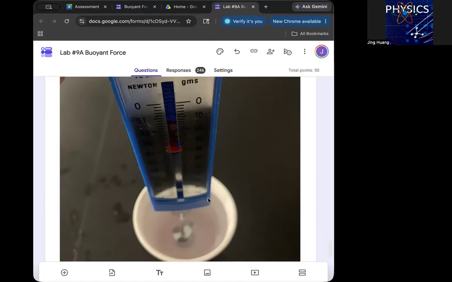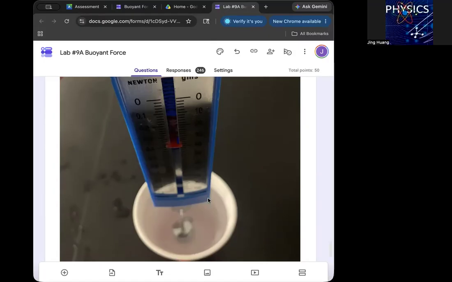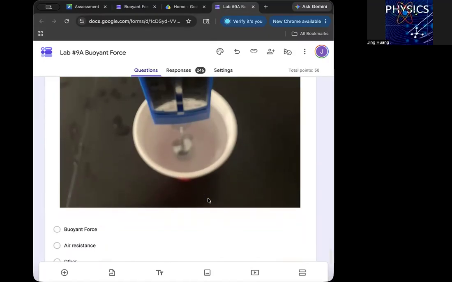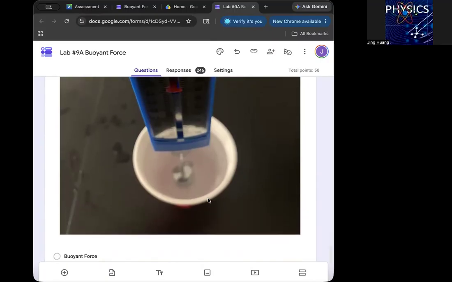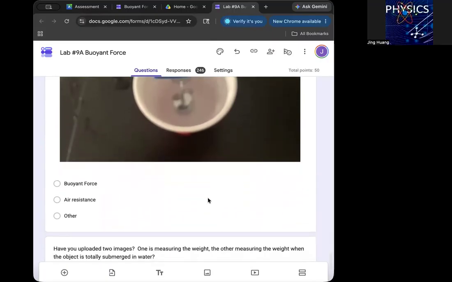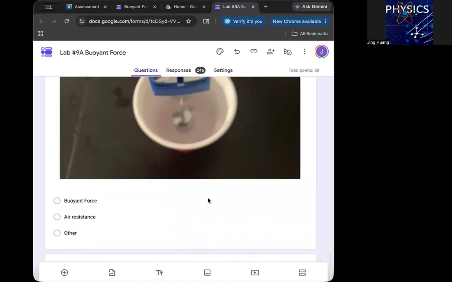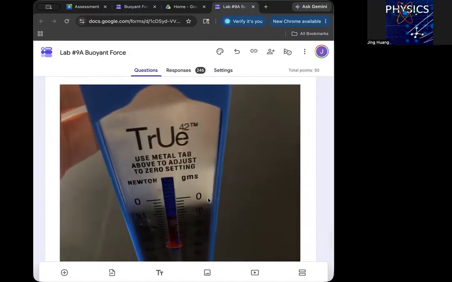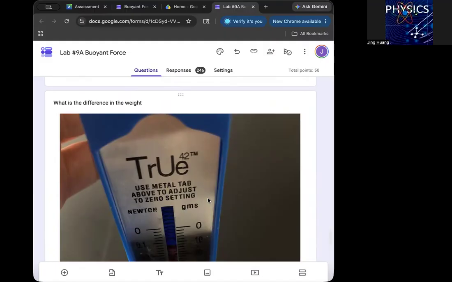To avoid the friction. And here is the setup. First you measure it in the air and then you measure it in water, using the differences to set up the Newton's law equations. This is a pattern of equilibrium. Equilibrium means at rest or moving at constant velocity.